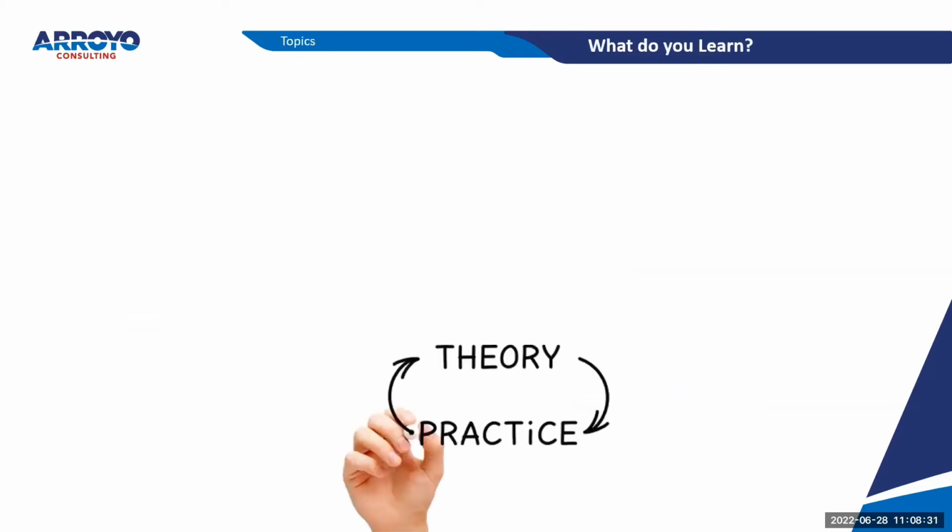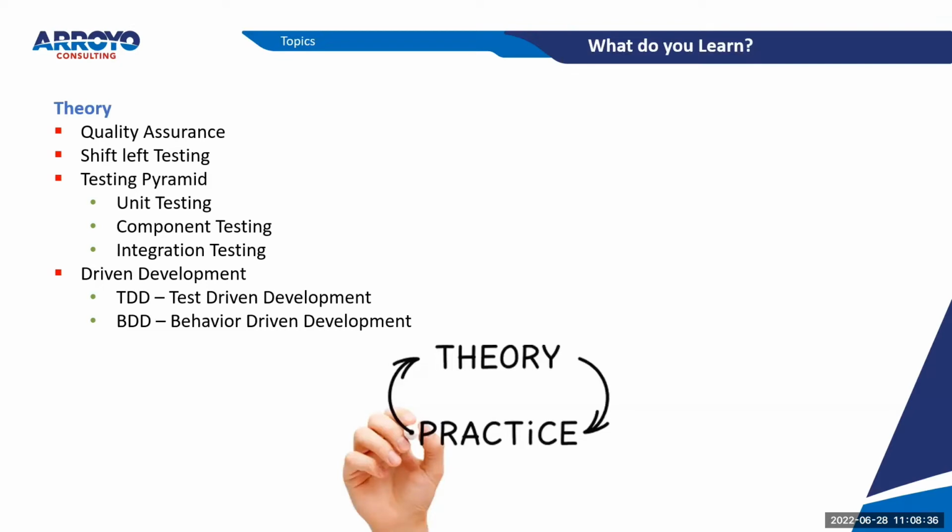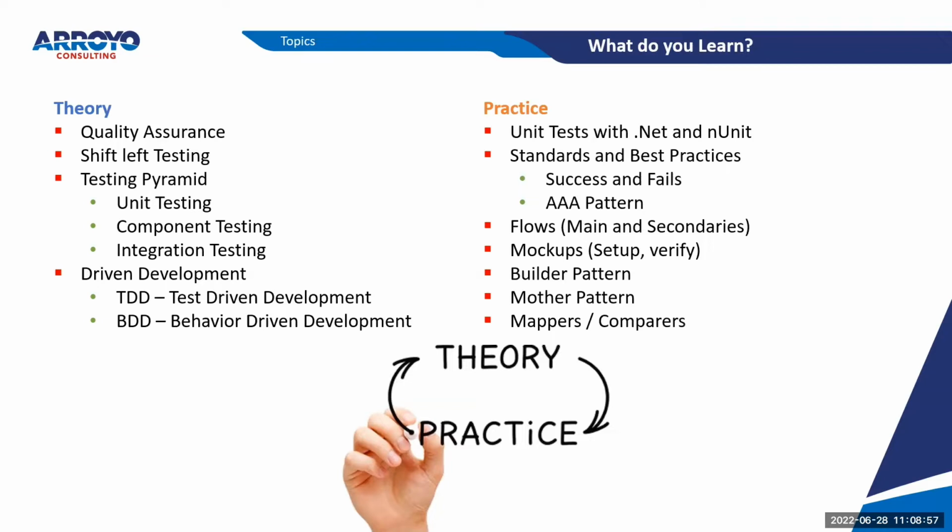So the idea with this course is to see two special topics. The first thing is the theory. We want to discuss what is quality assurance, what is chiefless testing, testing parameter, unit testing, component testing, integration testing, test driven development, TDD and BDD. And the other part is the practice.